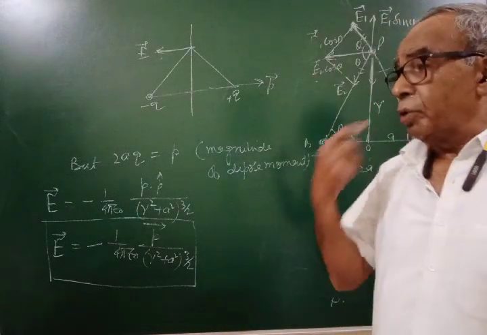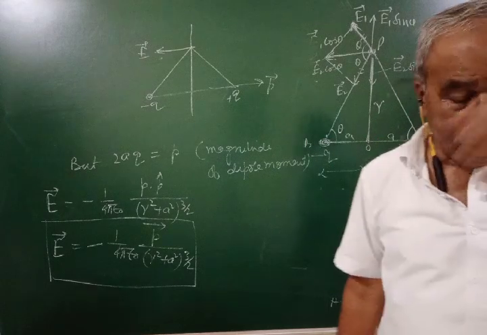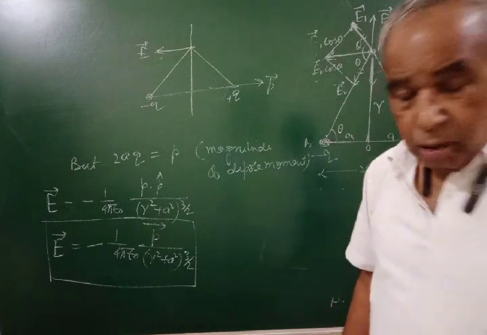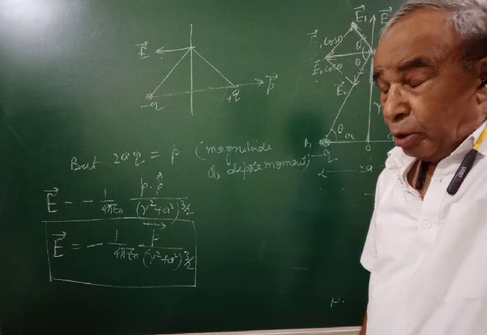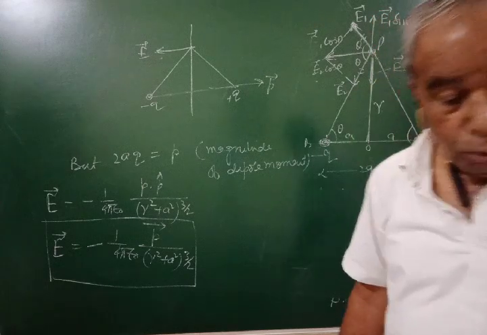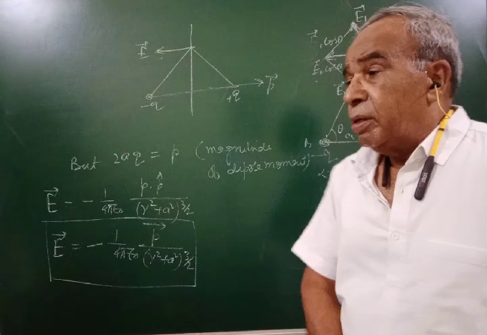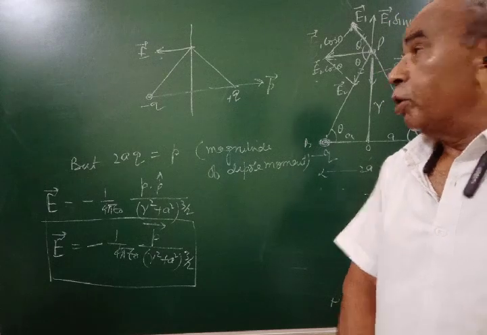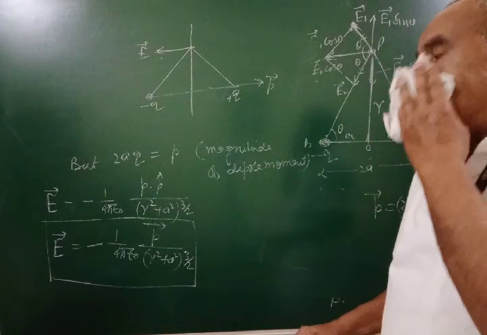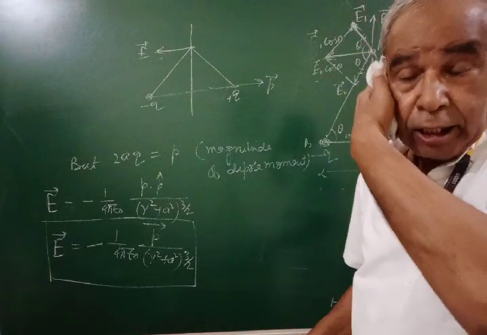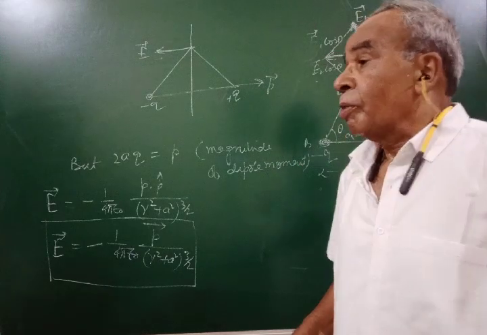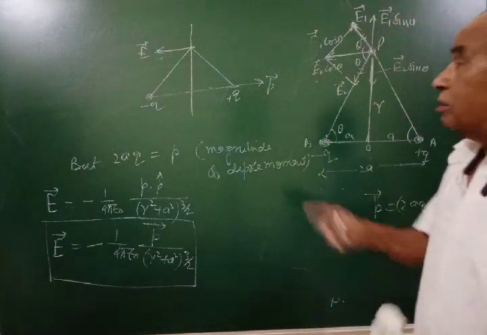And the student wrote, when the question was asked, at which point the electric field due to dipole is parallel to dipole moment, the student wrote like this: at every point on the right bisector, electric field is parallel. It is not parallel.